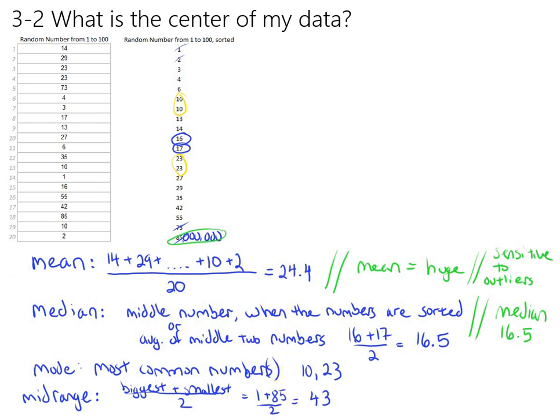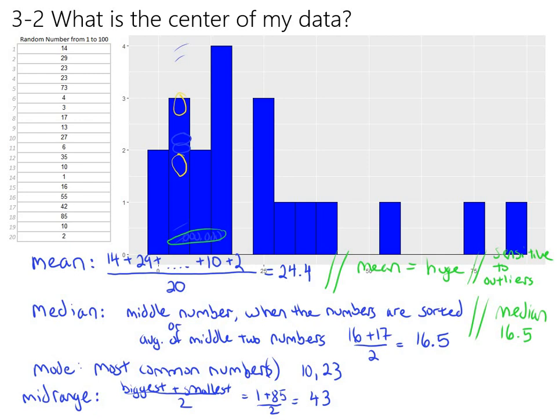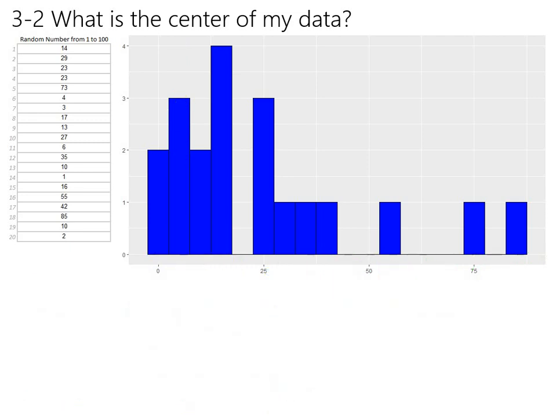Let's take a look at the histogram. The histogram looks something like this, and let's look at where the various measures of center are. The mean was 24.4, so the mean is right there.